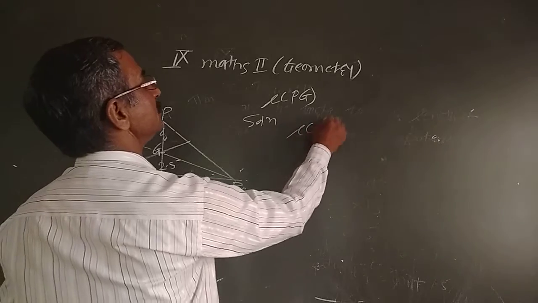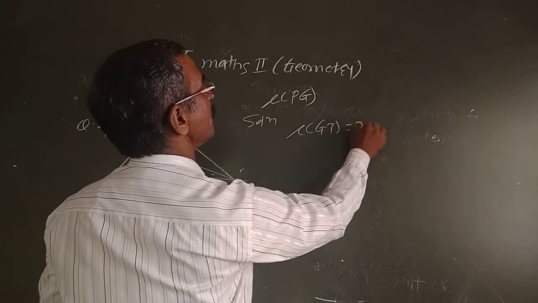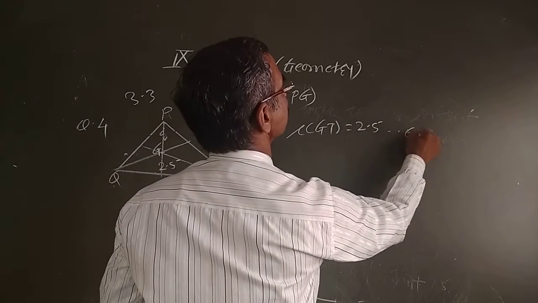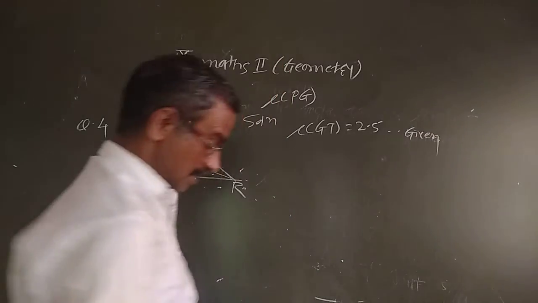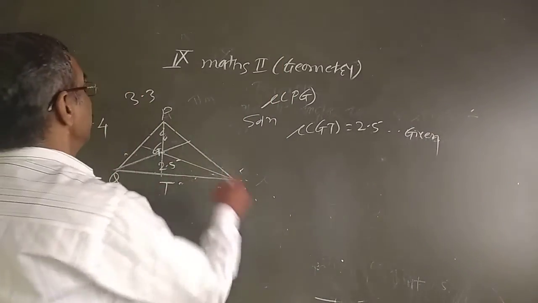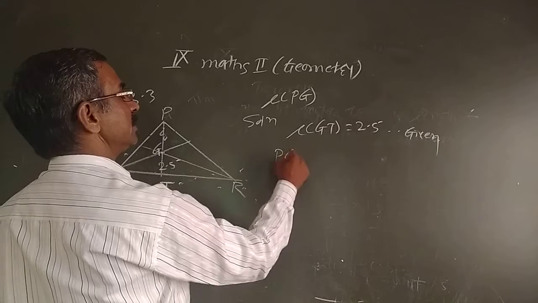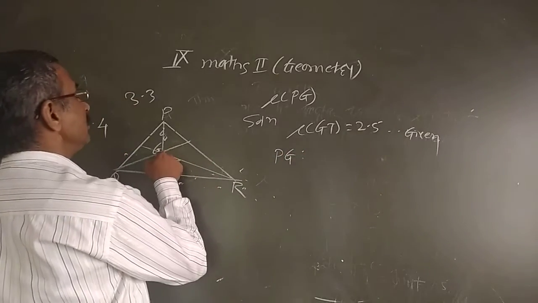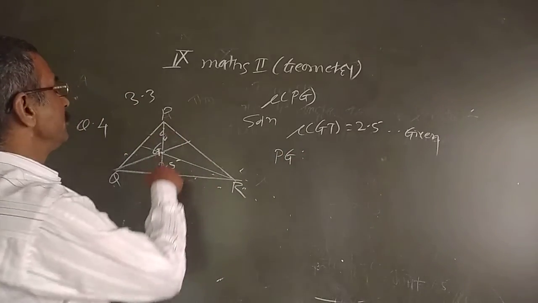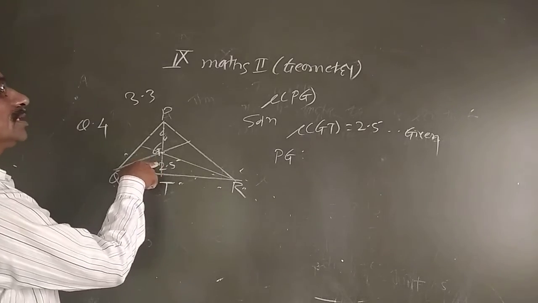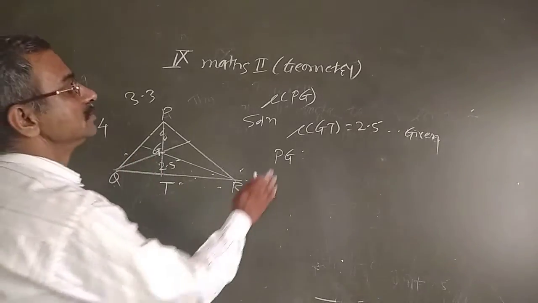So, solution. The length of GT is given as 2.5. That is given. Then PG, according to the theorem of the point of concurrence, the centroid theorem.